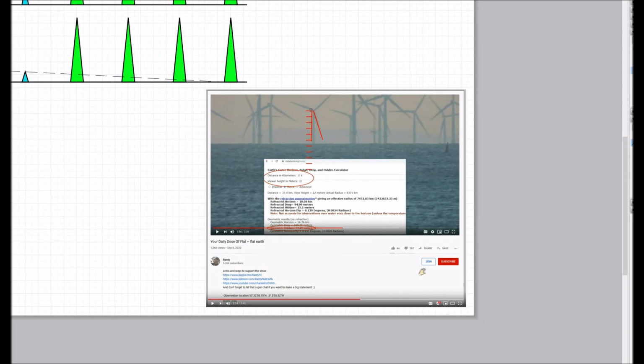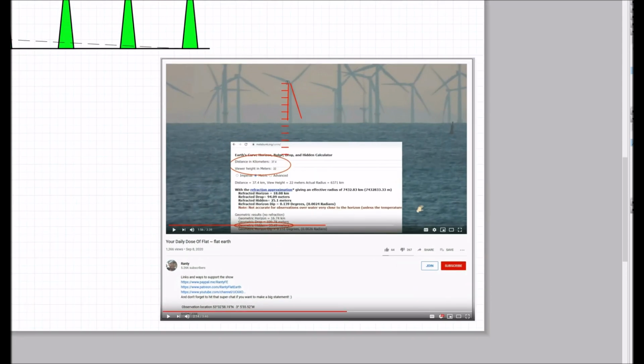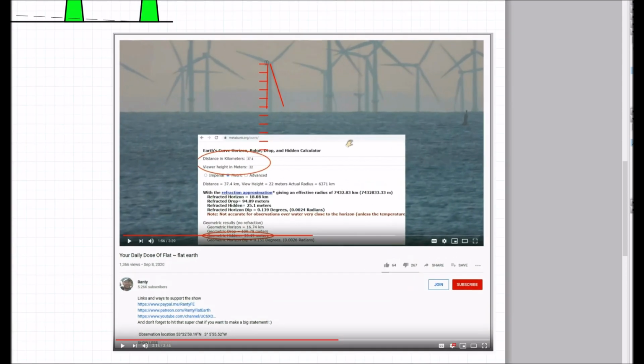In another video I went into this video of Rayleigh's and did a little bit of measuring. Rayleigh had given the dimensions of these wind turbines that he'd gotten from another website. What I'm saying here is based on what he said in his video, going from memory, however.